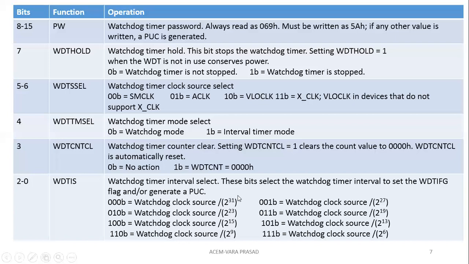Whatever frequency comes out is used for the watchdog timer. Similarly, 001 is divided by 2 power 27, 010 is 2 power 23, 011 is 2 power 19. Like that, we can select different timer intervals. Okay, this is about your watchdog timer.